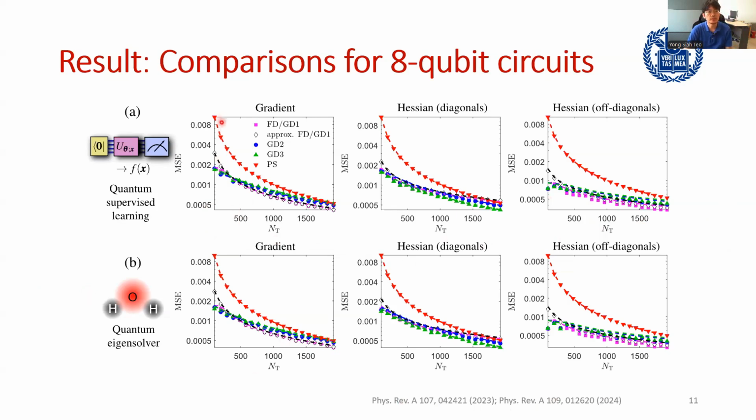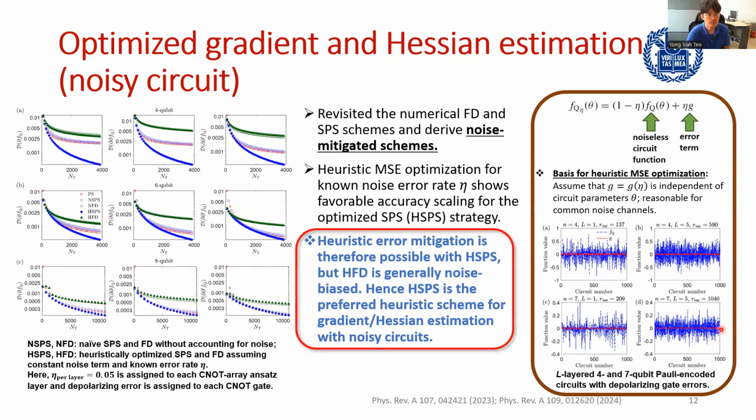And you see that for a given number of sampling copies, NT, the mean square error for the parameter shift rule for the individual types of component estimation is actually larger than the optimized numerical estimators. So this is just a graphical confirmation of the results.